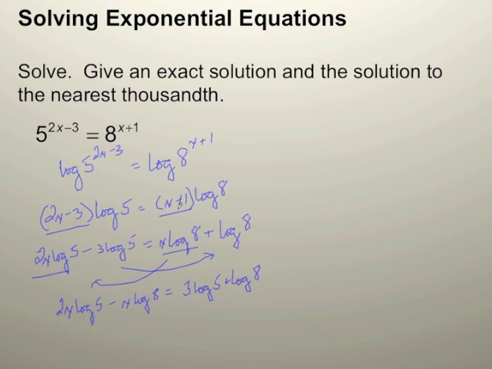You have to make sure you use these parentheses and the distributive property. Now I'm going to pull this x out with the distributive property. X times, on the left side, 2 times log of 5 minus log 8 will equal 3 log 5 plus log 8. And then this is x times, so I'll divide by its multiplier.